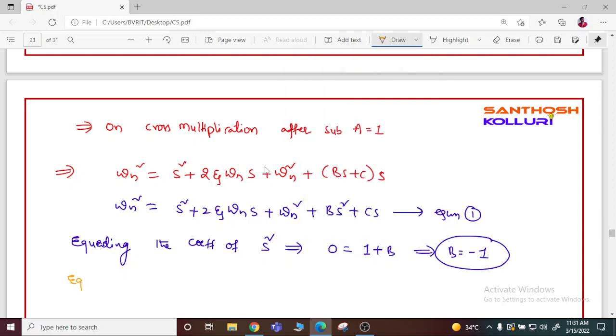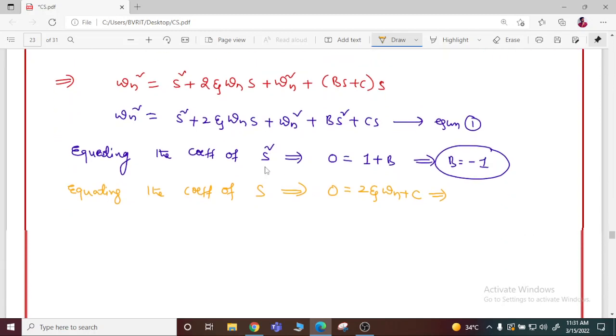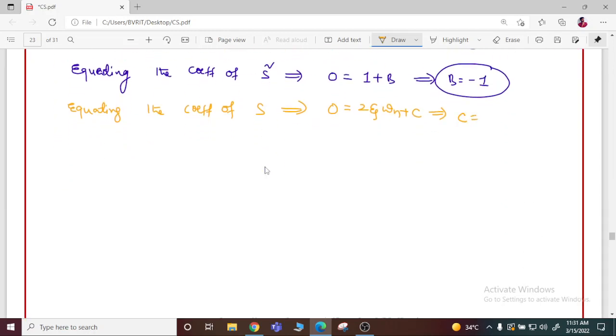And the next case, equating the coefficients of s, we get 0 is equal to 2 zeta omega n plus C. From that, C can be written as minus 2 zeta omega n.